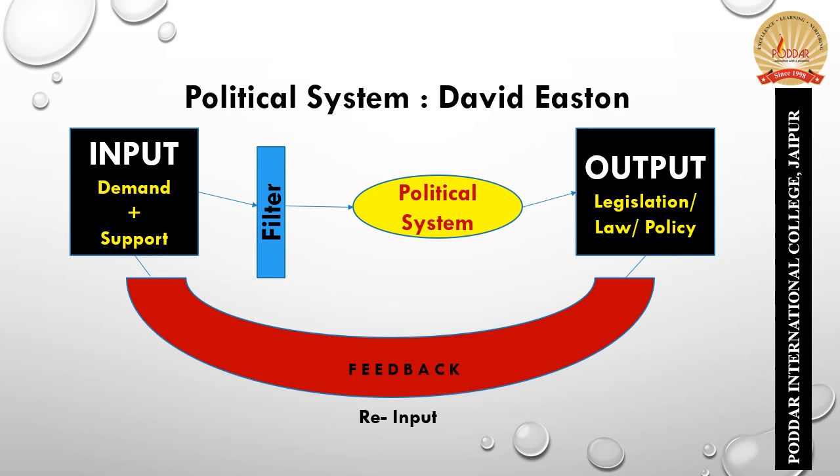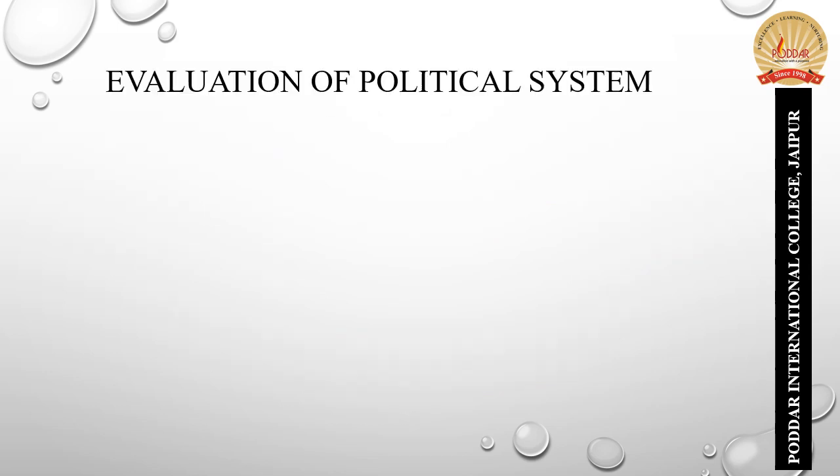So this is the famous model of David Easton of the political system approach: input, output, feedback, re-input, political system, and this whole process is known as the process of conversion. Let's come to the evaluation of the political system approach.